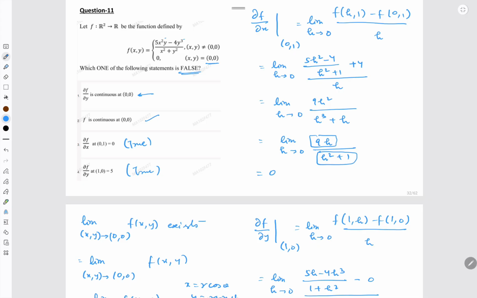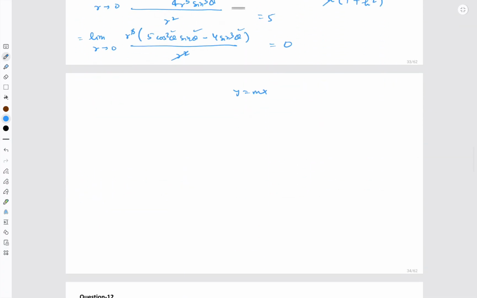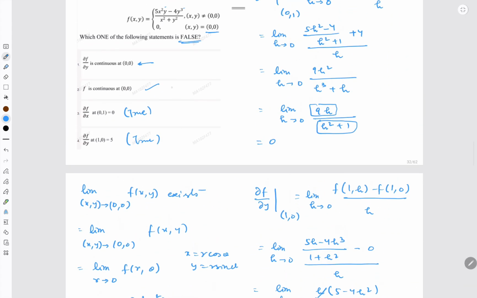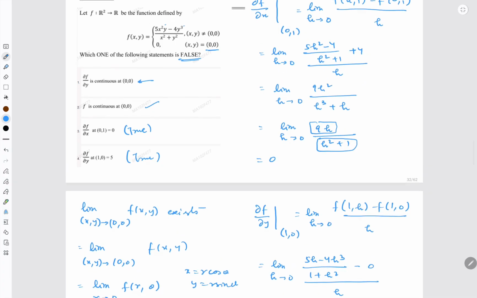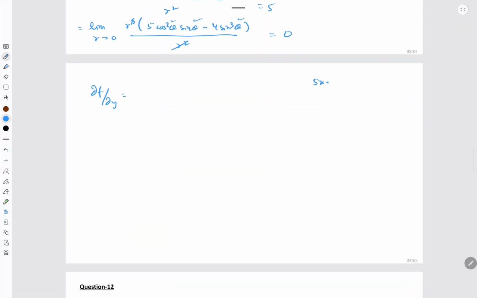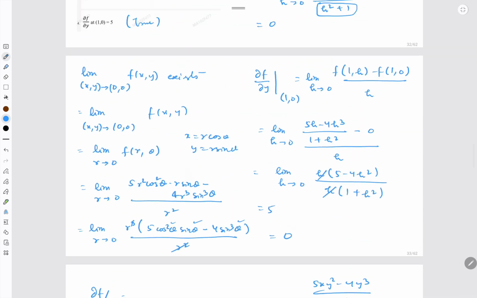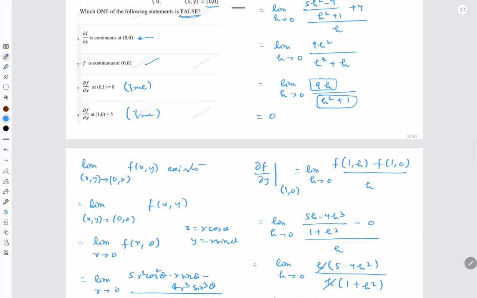So we can check the fourth option as well, right? Df by dy is continuous. So for that, let us do one thing. Let us find out the value of del f by del y. If it is true, then we know the fourth will be true, but for the sake of finding out, let us find out. So 4y cube by x square plus y square was my question, right?